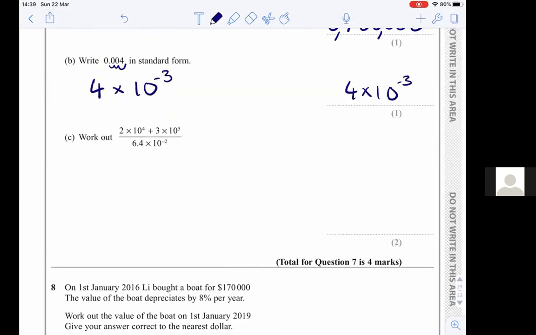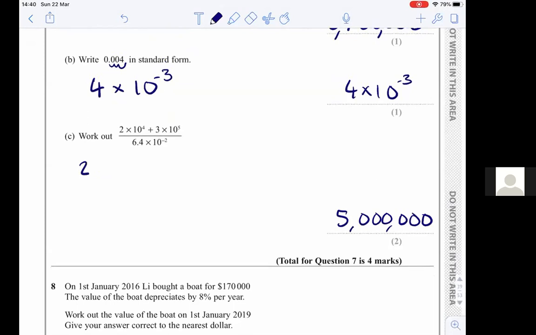Now, for this calculation, there's several ways you can go about doing it. The easiest way is to just type it in on your calculator. If you type it in on your calculator, we end up with 5 million. But if you did want to play around with it a little bit, if I change them so they're both in the same standard form, I'd have 2 times 10 to the 4, add 30 times 10 to the 4, over, and I'm going to change the denominator as well, 64.